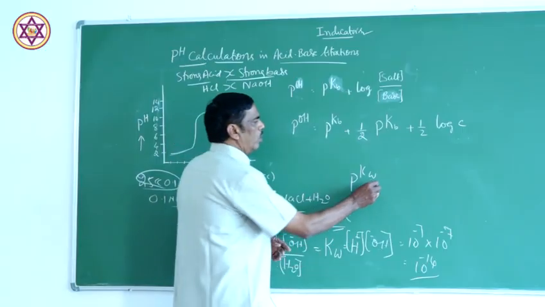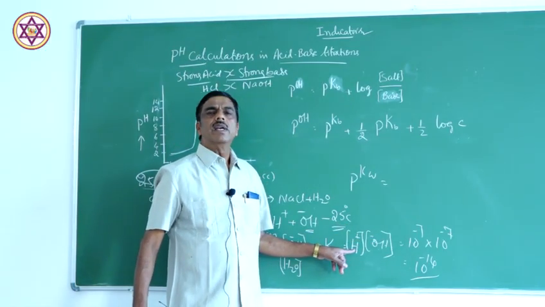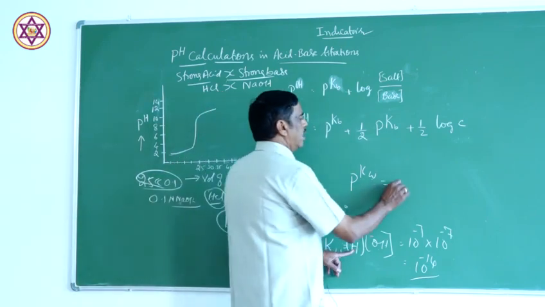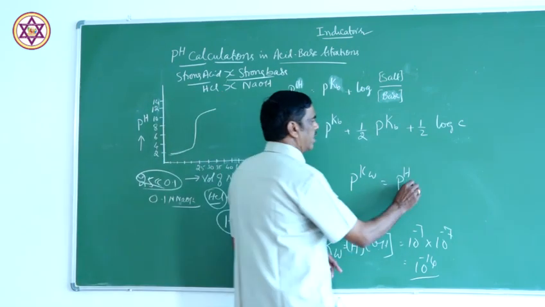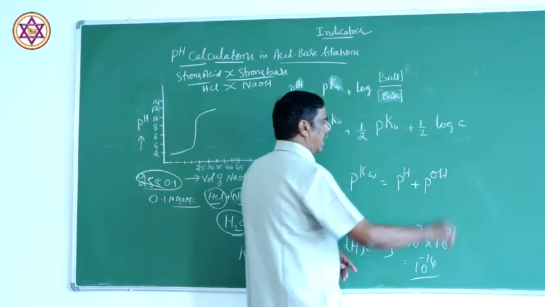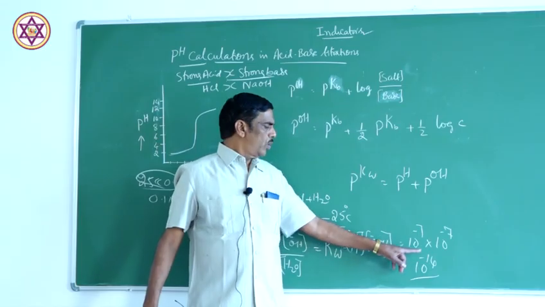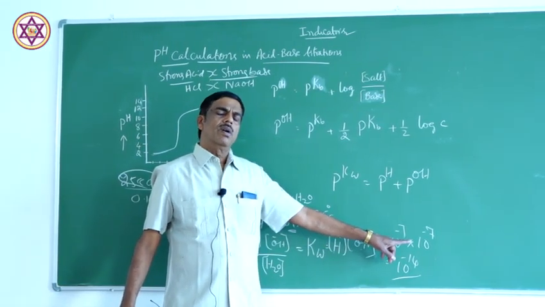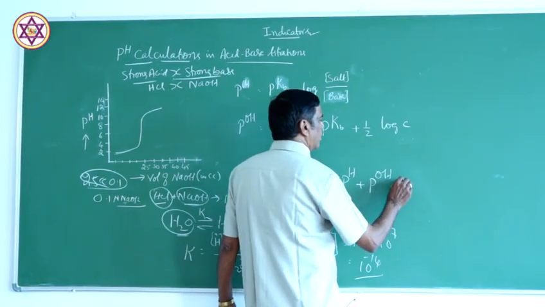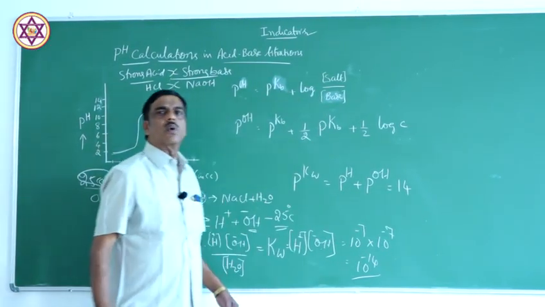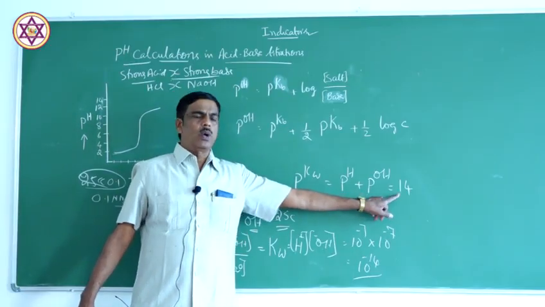It is equal to the negative logarithm of H plus ion concentration, that is pH, plus the negative logarithm of OH minus ion concentration, that is pOH. If you take the negative logarithm of 10 to the power of minus 14, since log 10 is 1, its value becomes 14. Therefore the ionic product of water can also be expressed as pKw, and pKw is equal to 14.